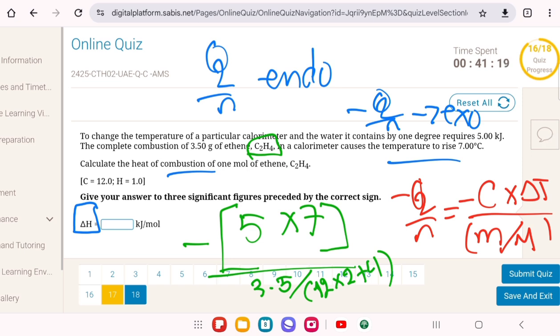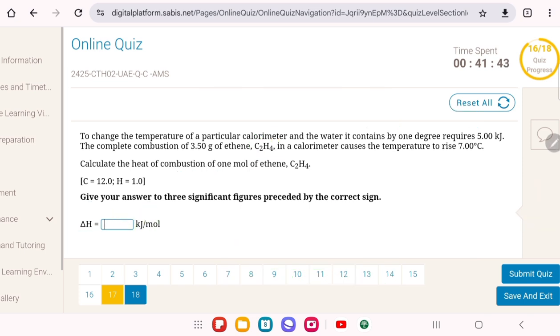So then, if we put it on the calculator, it is gonna be minus 5 times 7 over 3.5 divided by 12 times 2 plus 4, and we are gonna get negative 280 kilojoules per mole.